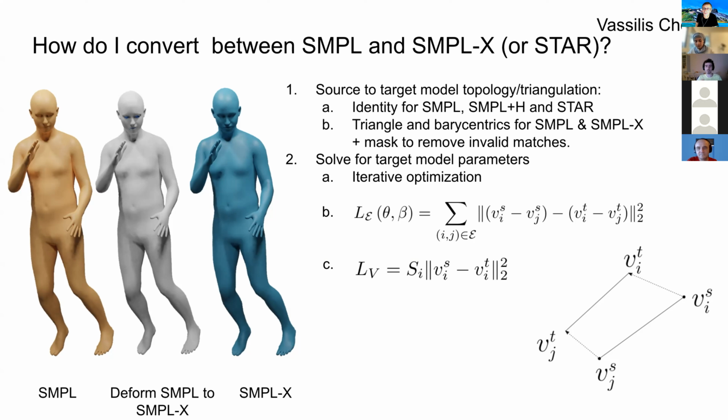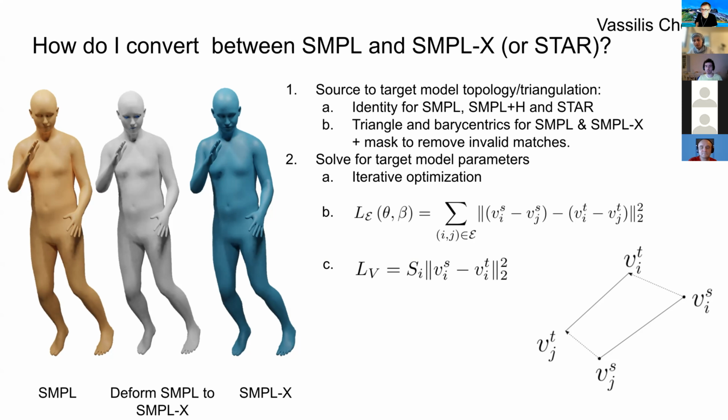So now that we have this intermediate mesh, what we need to do is to fit SMPL-X to this mesh. The way we do it is we solve this problem with iterative optimization. So we optimize for pose and shape parameters of SMPL-X, let's say in this case, and we try to minimize two objectives.